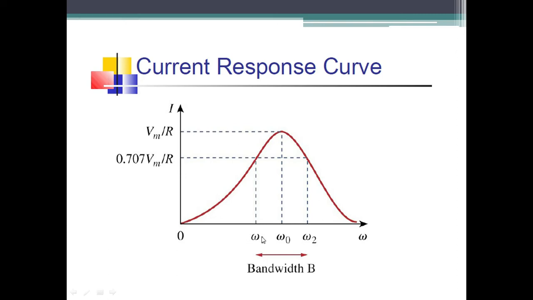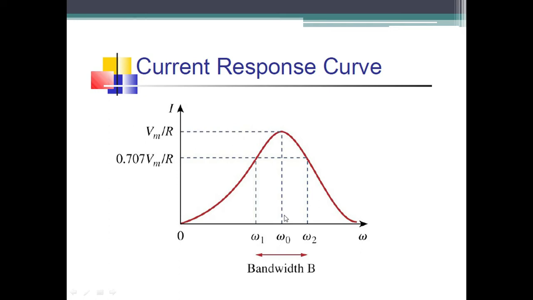At the lower cutoff frequency, 70.7% of the maximum current is able to flow through the circuit. From the lower cutoff frequency to the central frequency, as the frequency increases, the current also increases, and once the central frequency is reached, the maximum current flows through the circuit.